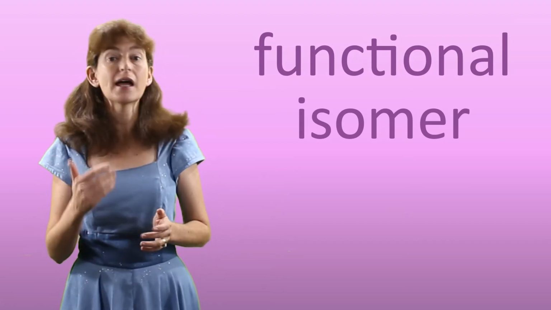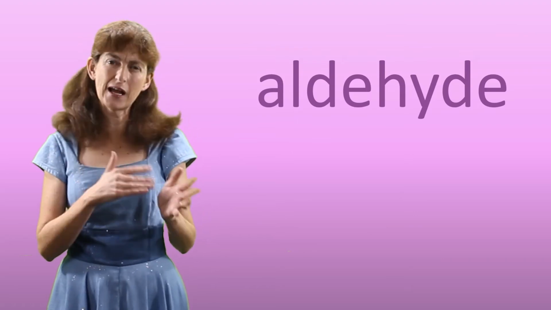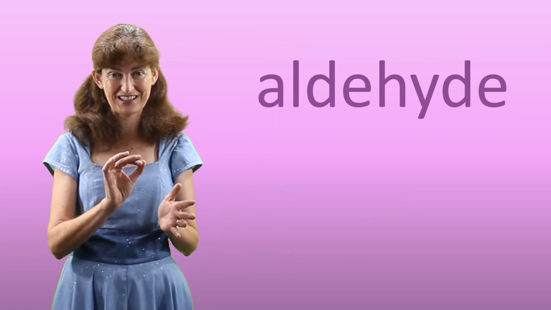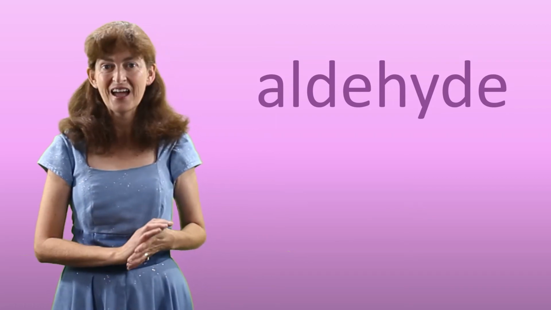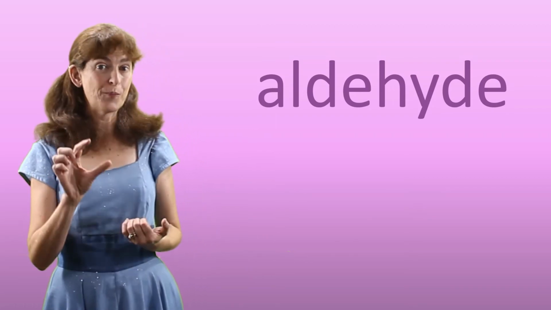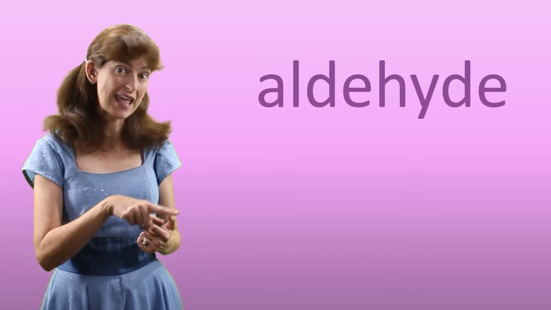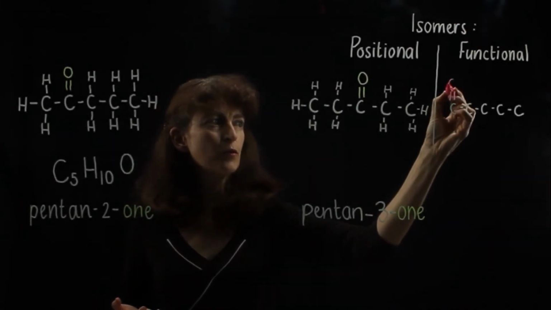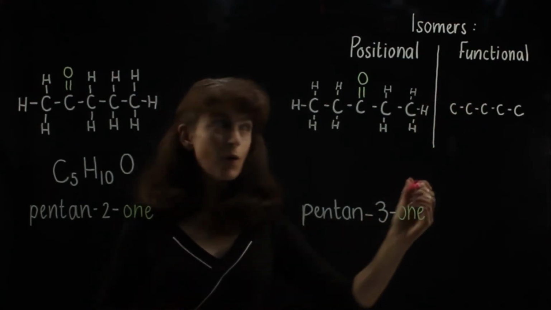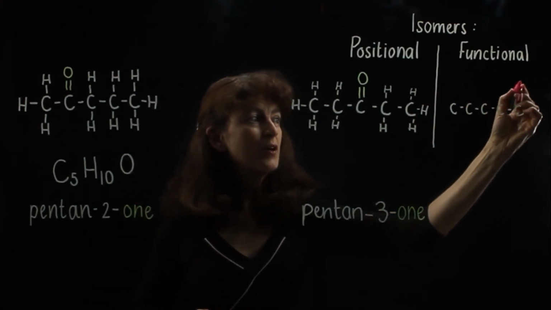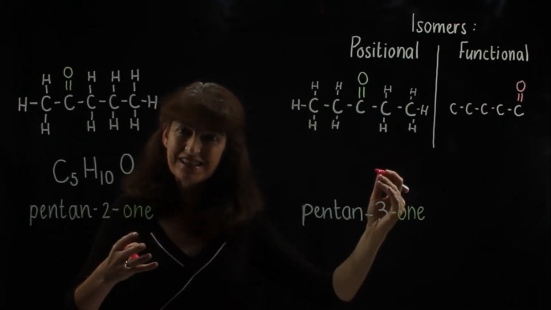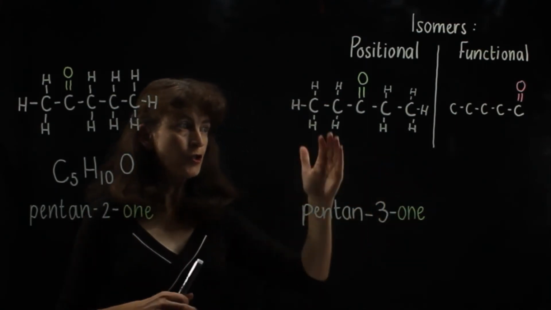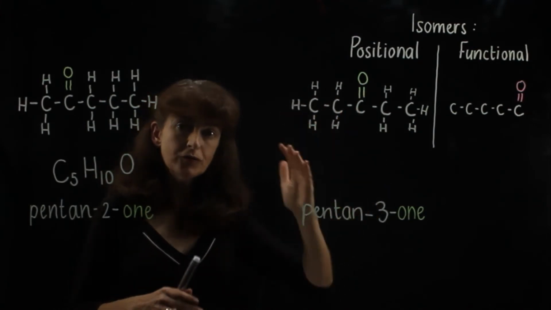The functional isomer of pentan-2-one must not be a ketone. So it has to be an aldehyde, because only an aldehyde could still have the same molecular formula as a ketone. So now the carbonyl group needs to be at the end. It doesn't matter whether we put this carbonyl group at this end or at this end, because whichever end we place it, we'll start counting from there. We fill in the hydrogens so that each carbon has 4 bonds.